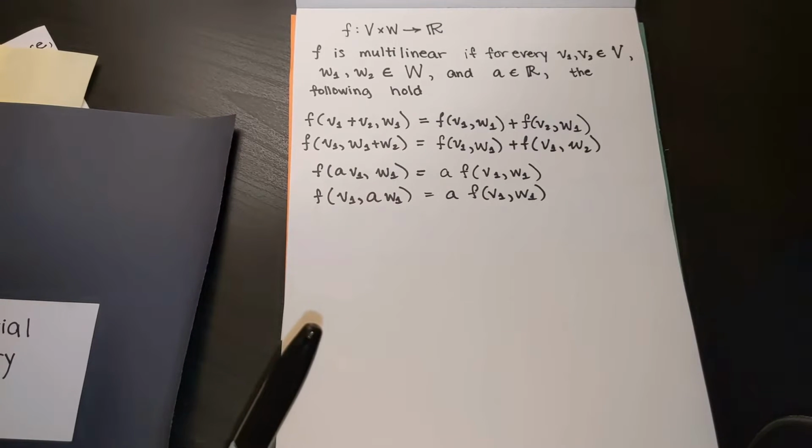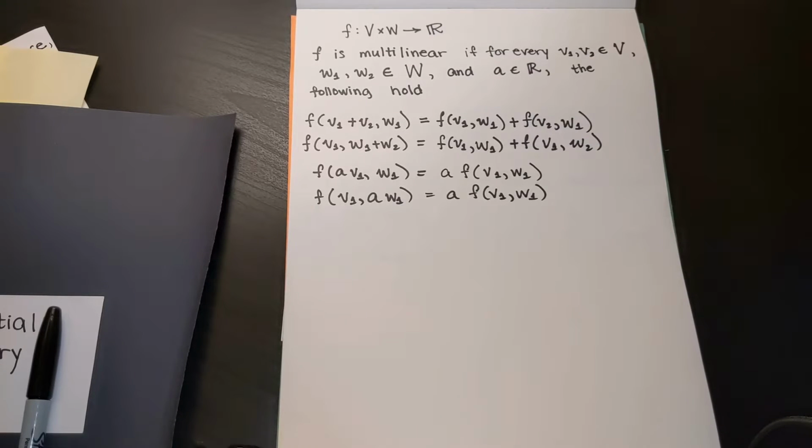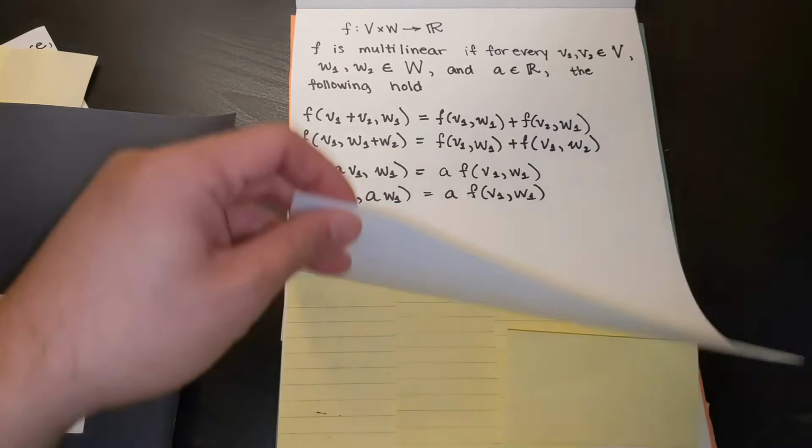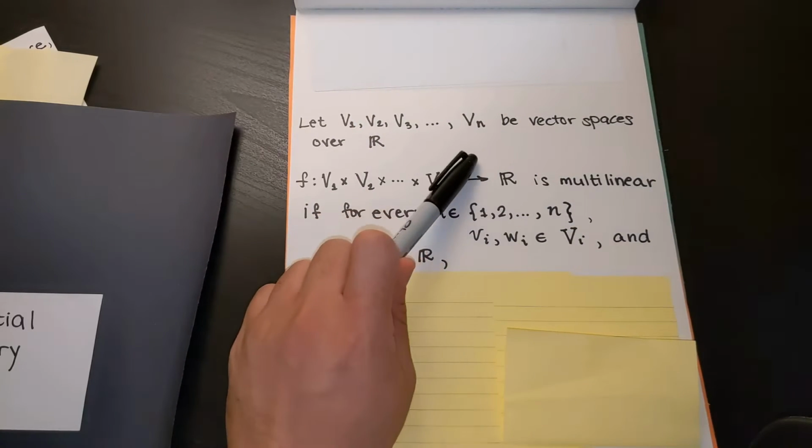Notice that nothing here mentions matrices, entries, or arrays. A tensor can also take more than two vector spaces like V1, V2, V3, and so on up to Vn.